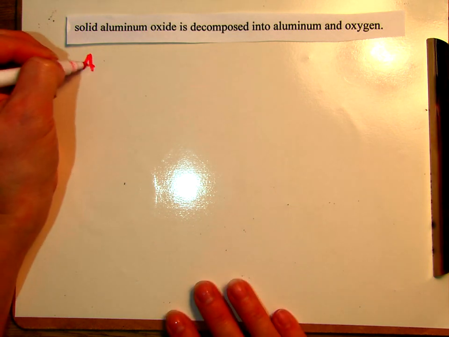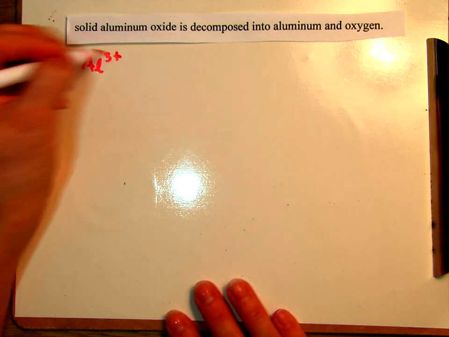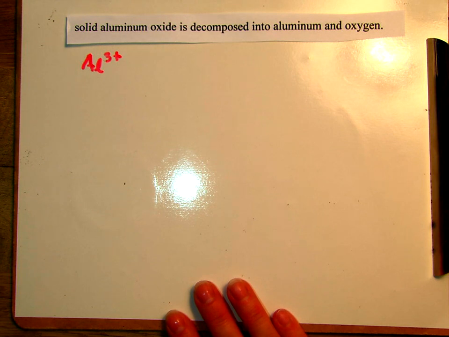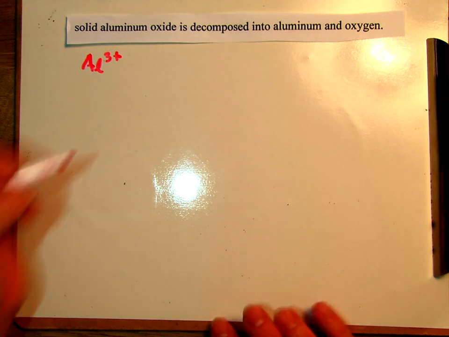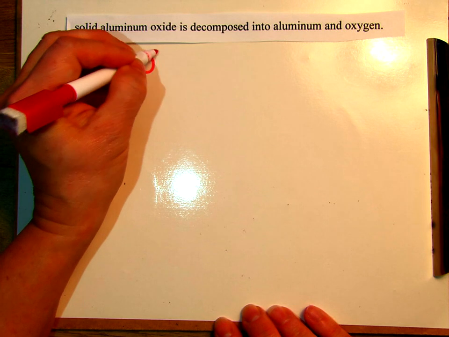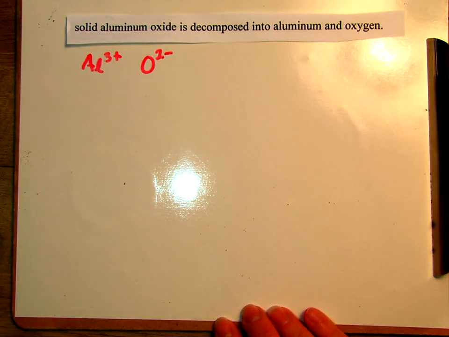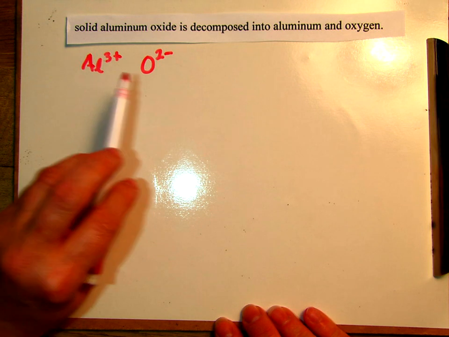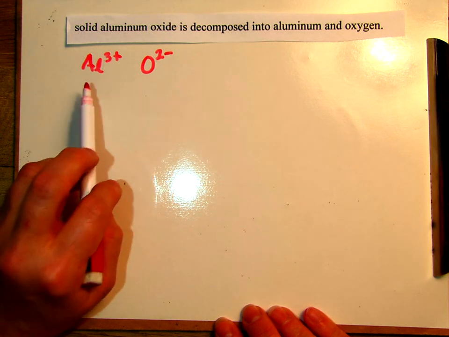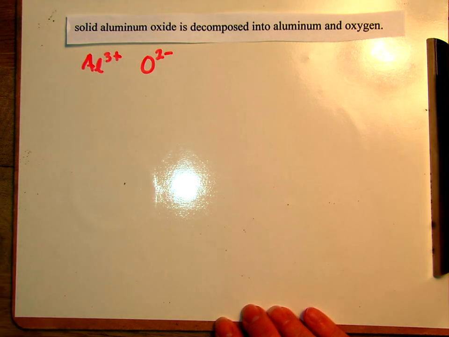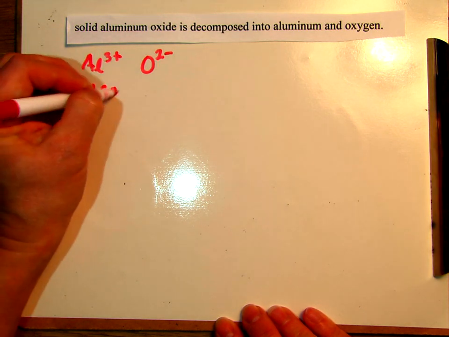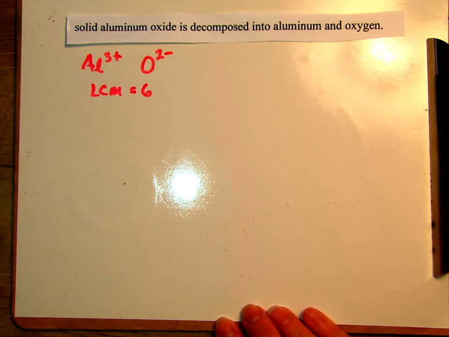Now, aluminum, because of its position in the periodic table, we know is a +3 ion. And because you know your ions, you also know that oxide is a -2 ion. So we have an odd number and an even number. When you have a 3 and a 2, you want to find the least common multiple of both, which is 6.